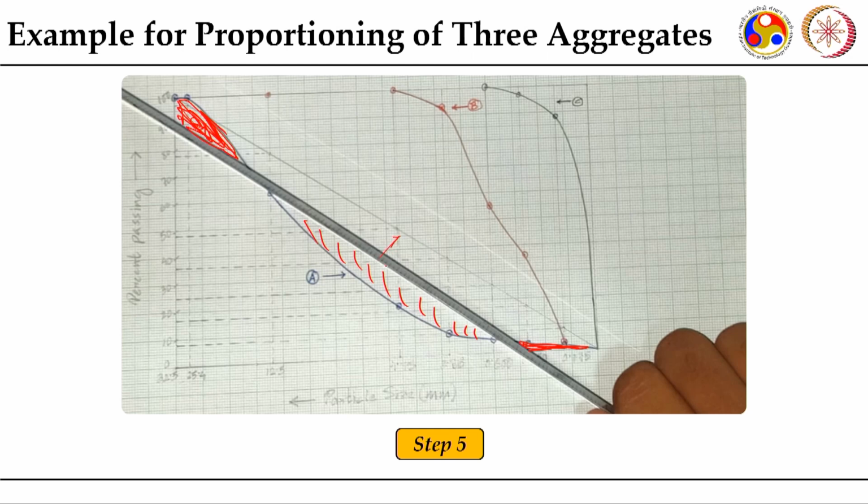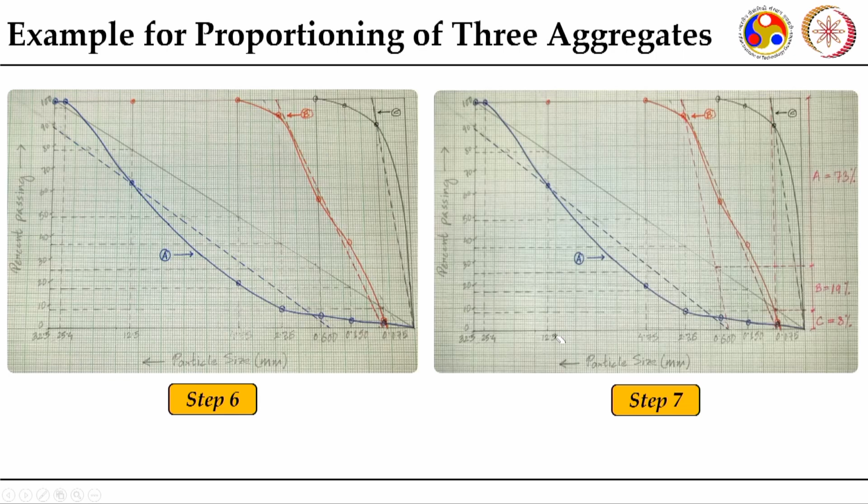I'll move, because I am finding this area is slightly bigger than the area which is above this particular one. So I'll bring this balancing line slightly to the lower side. So I'll have more area on this upper side, and then this area plus this area will be more or less equal. Like this I'll draw balancing lines for all the three gradations by using a scale.